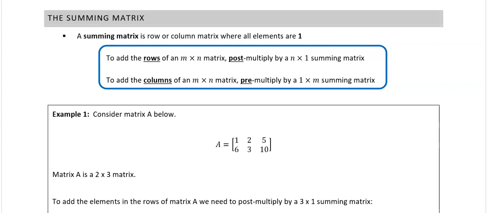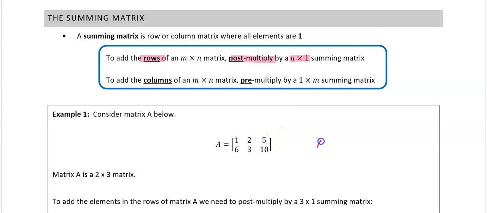So when I'm adding rows, I'm using what we call post-multiplying. And the size of that column matrix has to be an n times 1. So it's going to be a single column, and the number of rows it has is equal to the number of columns in the original.